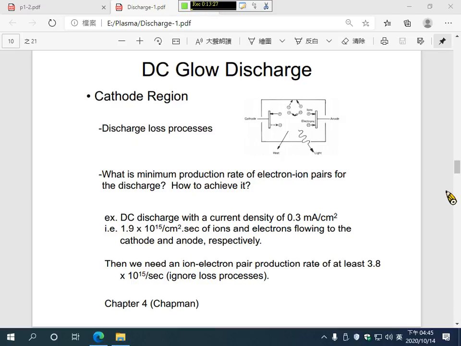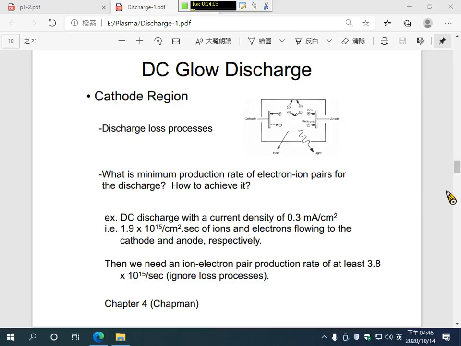In a DC discharge system, if you apply a power supply and give a current density of 0.3 milliamp per centimeter squared, you need a flux of electron and ion pairs of around 1.9 times 10 to the 15 per centimeter squared per second.